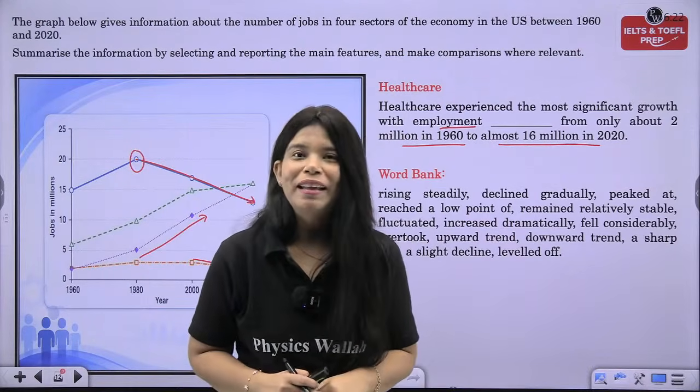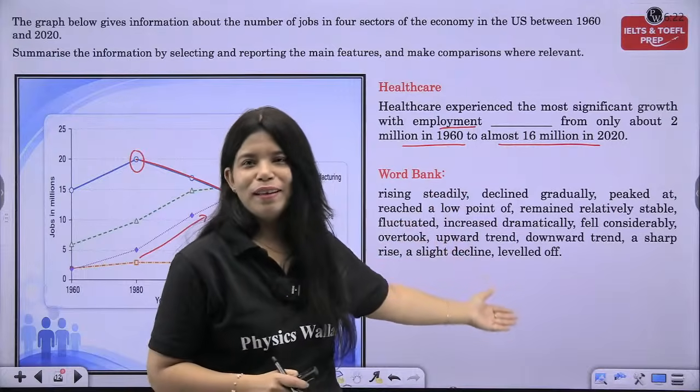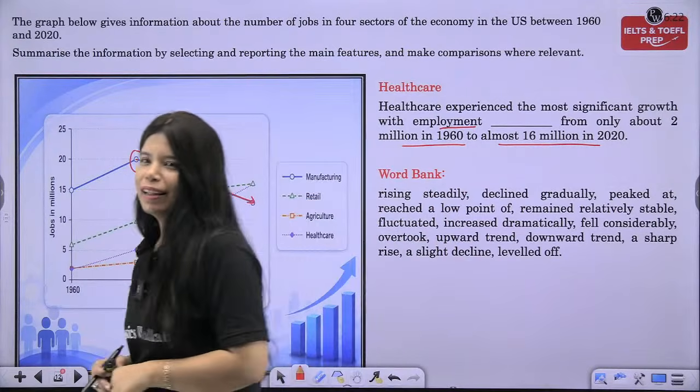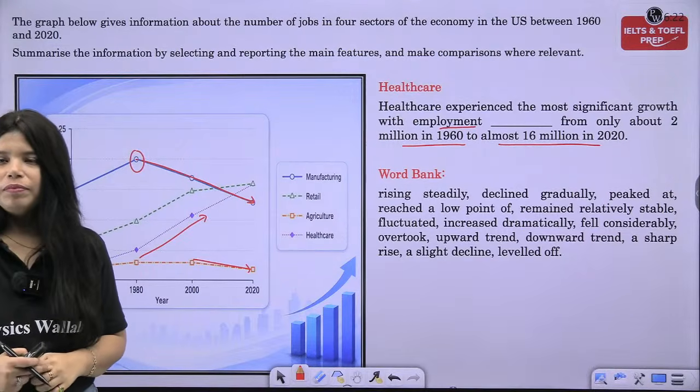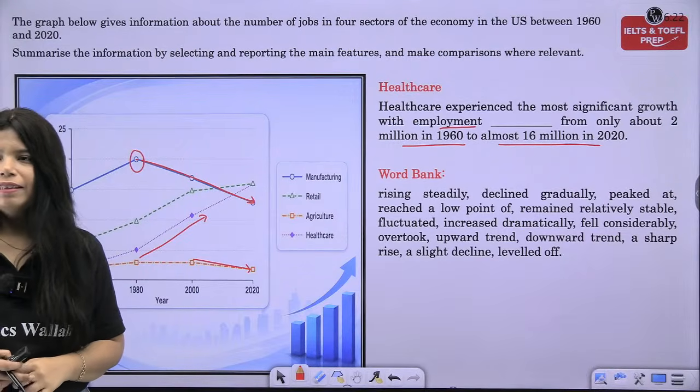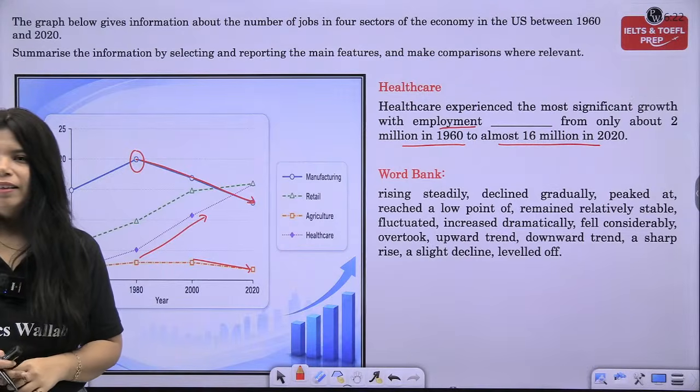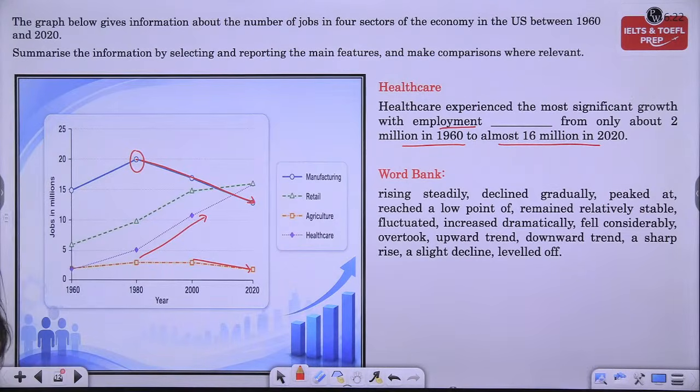Okay, I'll give you one hint. The answer is right here in these words. Come on. Tell me. What is it that fits in grammatically? Okay, in that case, shall I tell you the answer, guys?